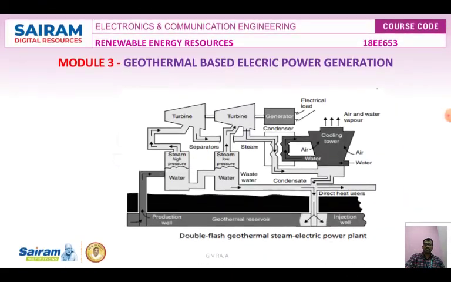In the double flash method, two boilers and two turbines are used for the generation. That means the water rapidly vaporizes, rapidly flashes into vapor. The water is converted into vapor in a rapid manner. That is what flash thermal power plants are.